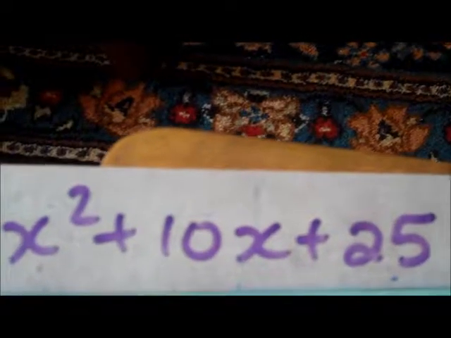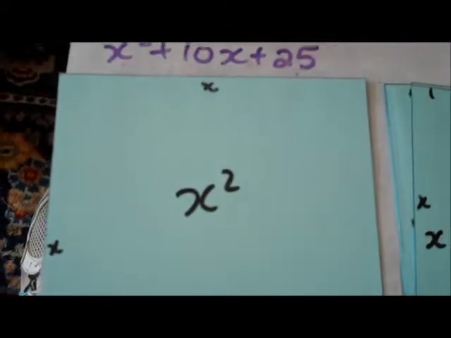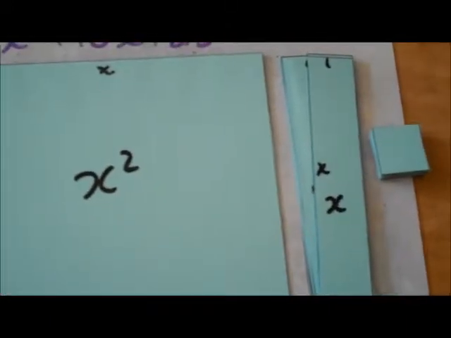So let's have a look at factorising x squared plus 10x plus 25. So here's my x squared, here's a pile of 10x's, and there's a pile of 25. Let's get to it.